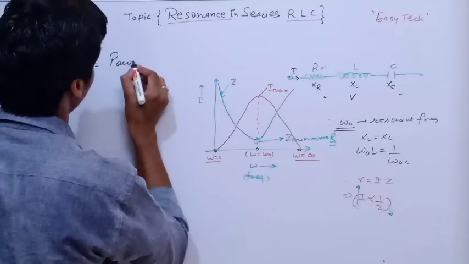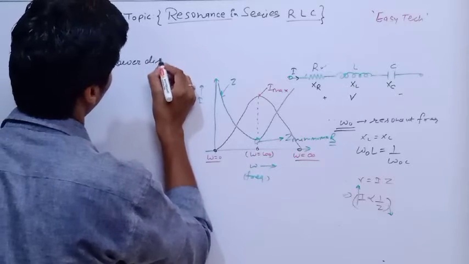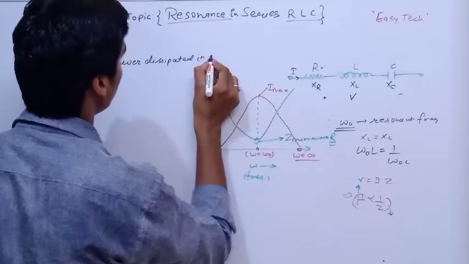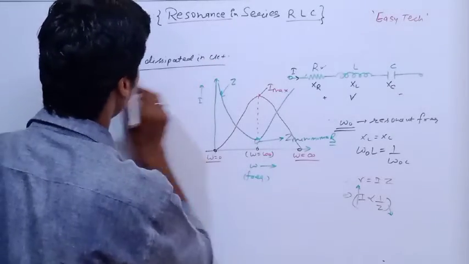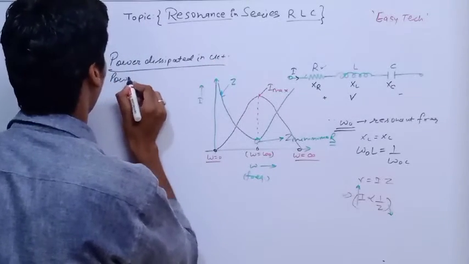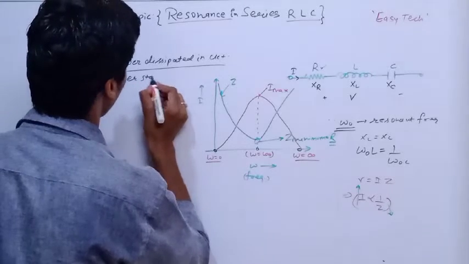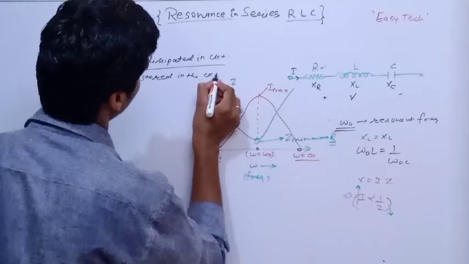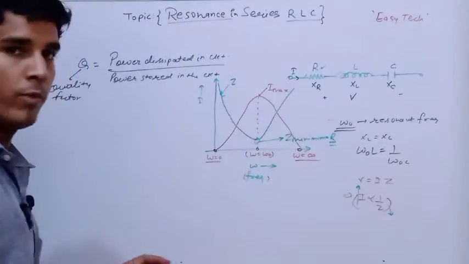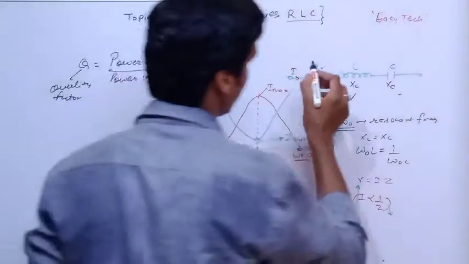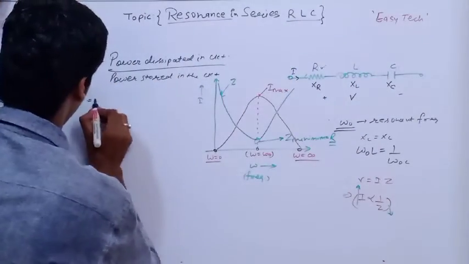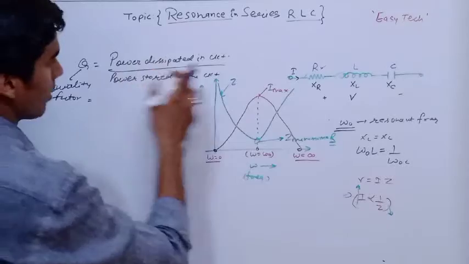Quality factor value is given as power dissipated in our circuit to the ratio of power stored in the circuit. I already told you 15 minutes ago that this is the dissipating element and these are the storing elements. So how can we calculate the power across any resistance?